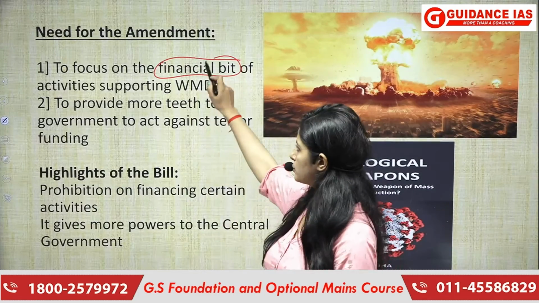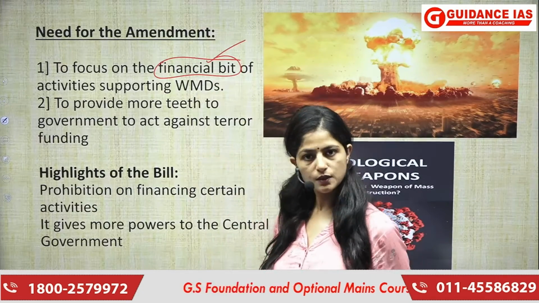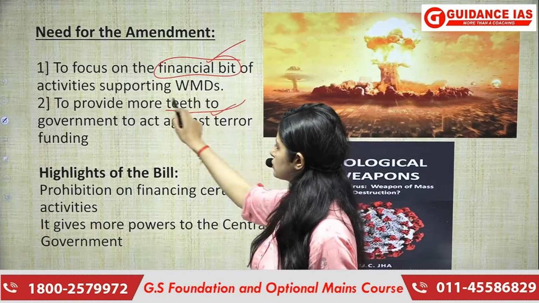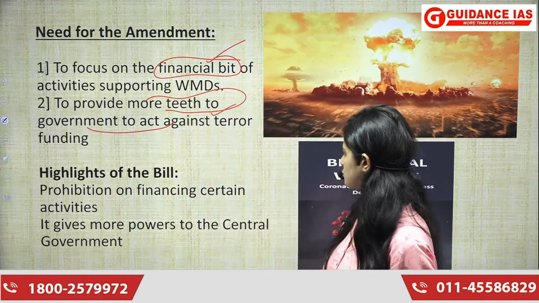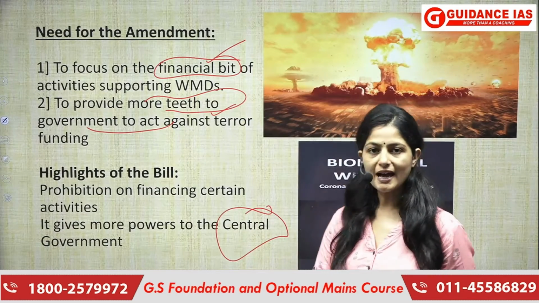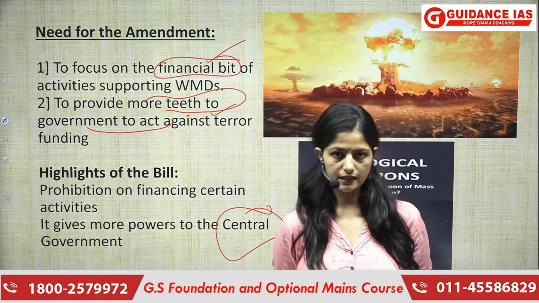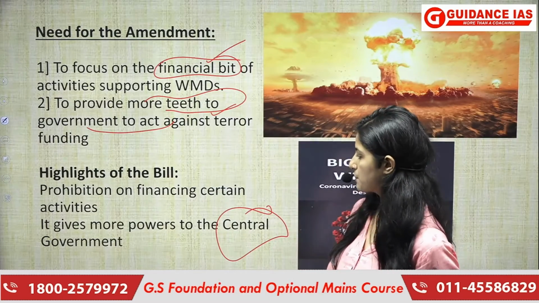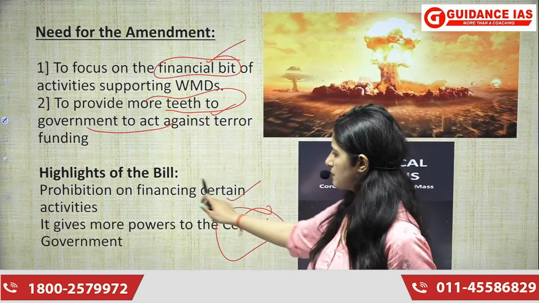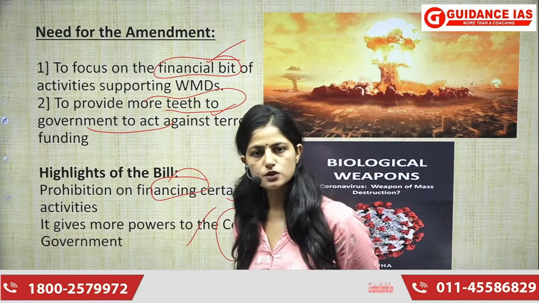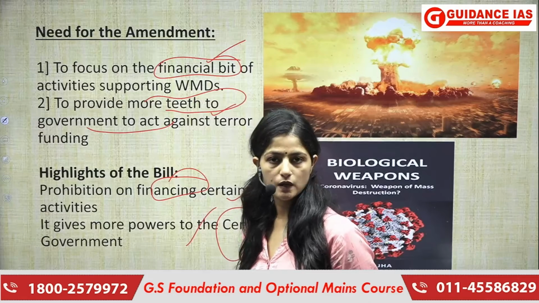So to ban the financing, we had to come up with this. This was the need. Second, to give more teeth to the central government to act against terror funding. So it's again the same, the financial part, and to give the government more powers to tackle the menace of terrorism.